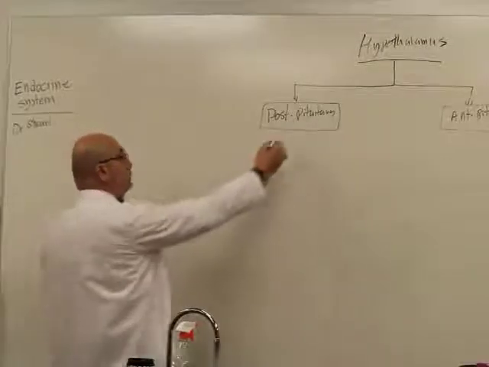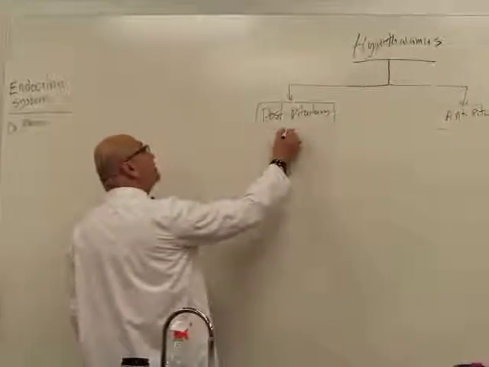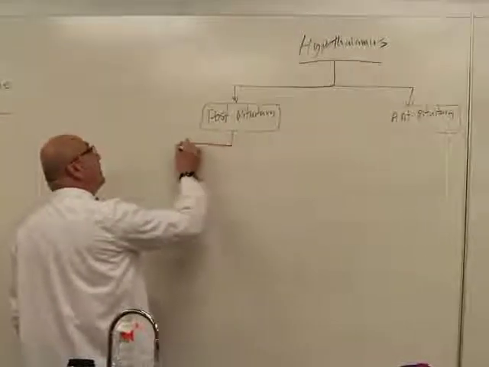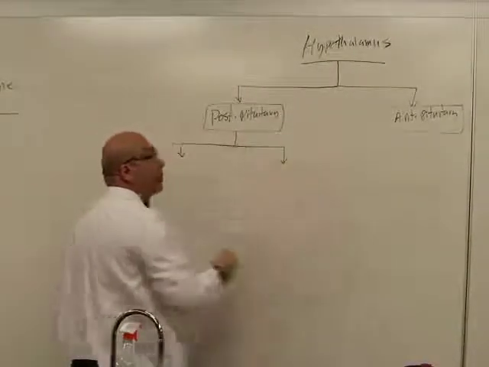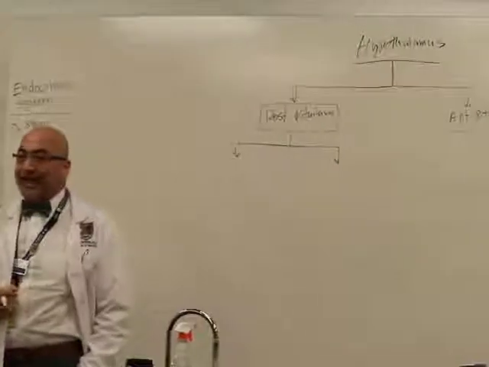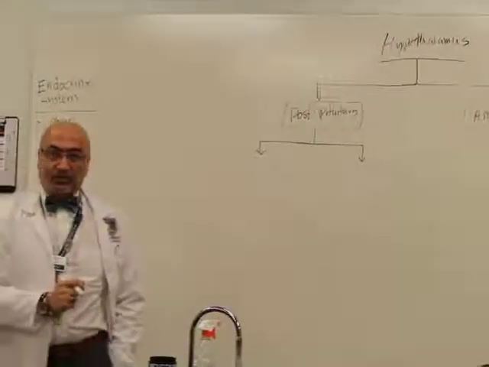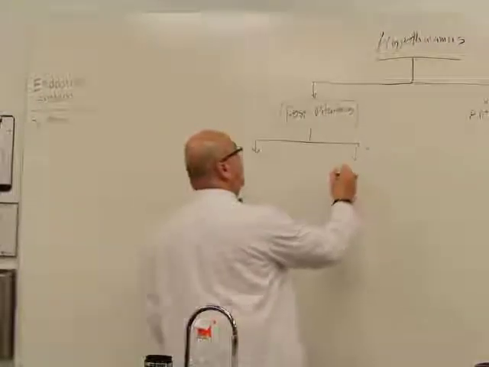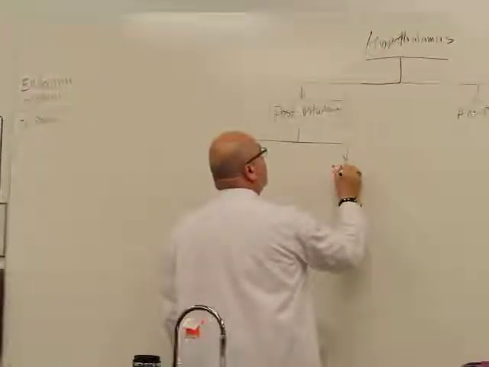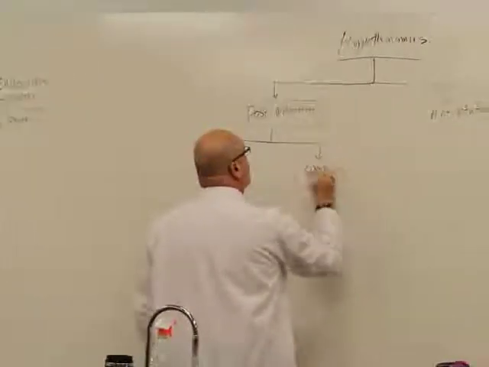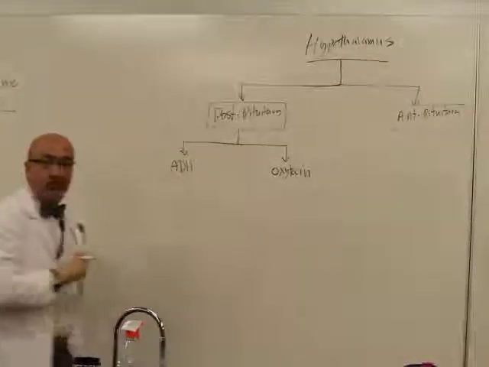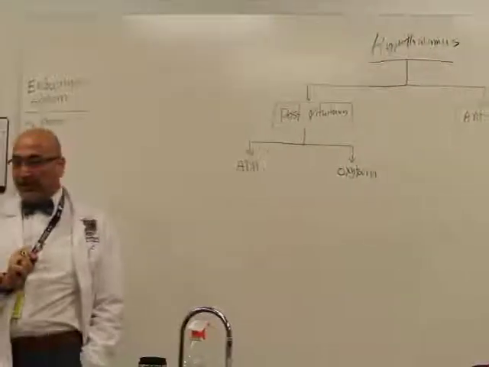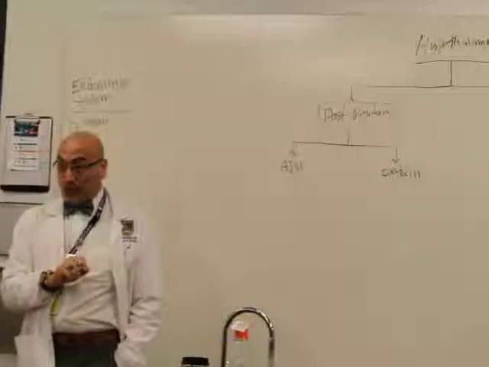So from posterior pituitary, we get to pretty much have oxytocin and ADH being released. So that's the focus of your attention. So you're going to focus on two things: oxytocin and antidiuretic hormone, for short ADH, that controls urine output.